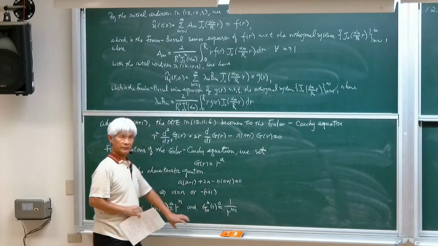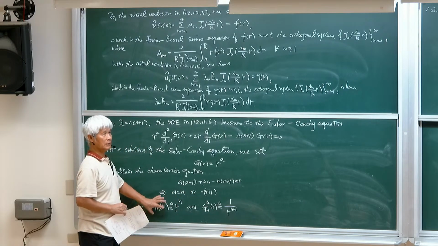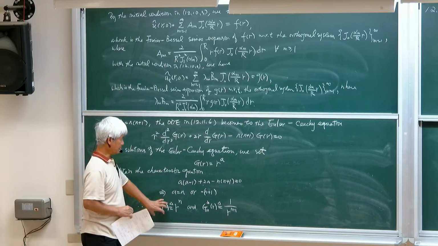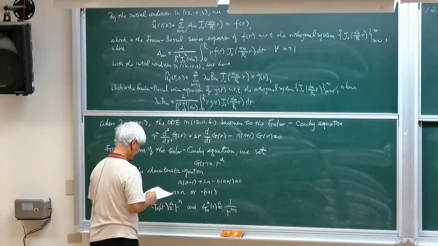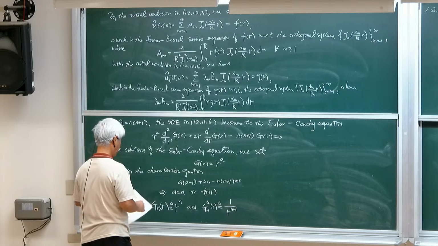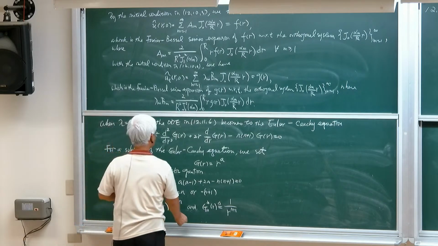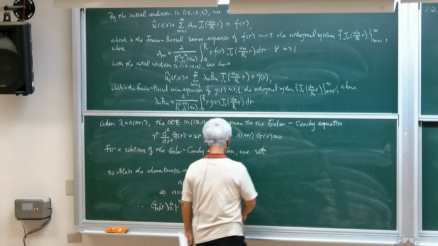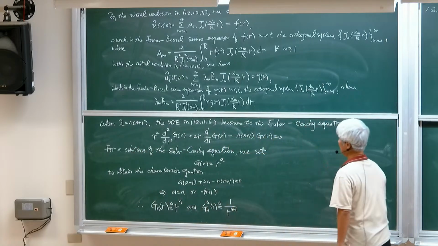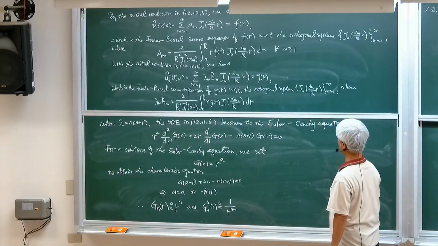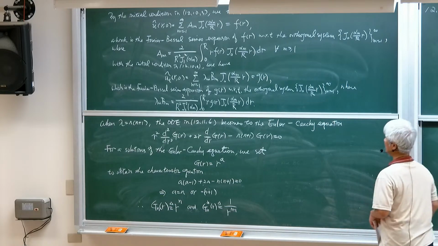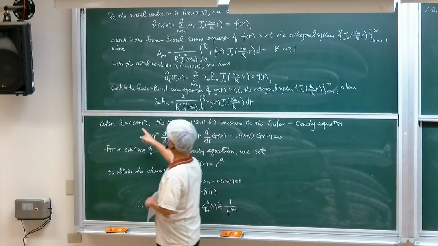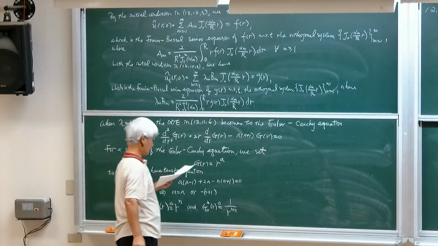So this is good for the interior problem, and this is good for the exterior problem, as you will see there. Okay, so now we have found solutions for the Euler-Cauchy equation when lambda equals n times n plus 1.